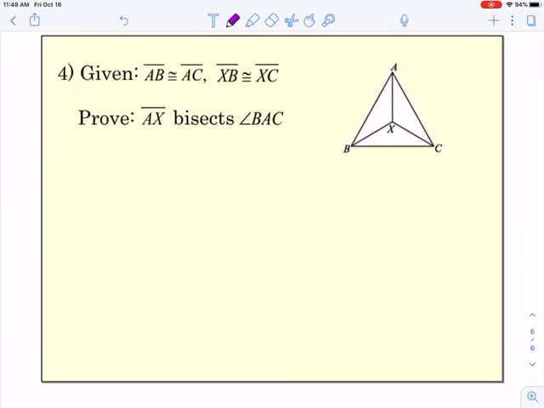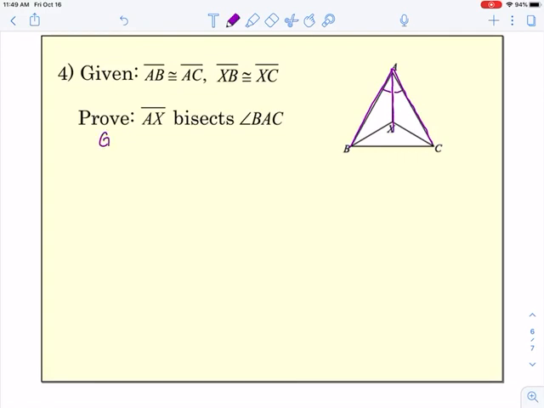One more and then we're done for the day. So given that AB is congruent to AC and XB is congruent to XC, I want to prove that AX bisects angle BAC. If I want to prove that AX bisects angle BAC, I have to prove that those two angles are congruent.